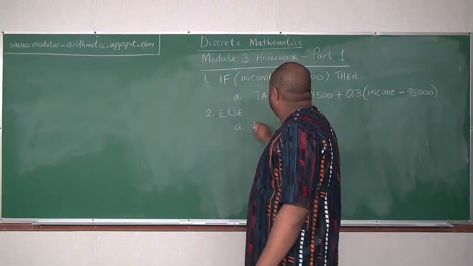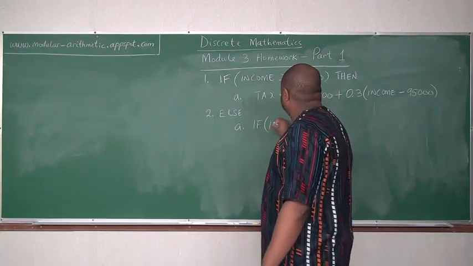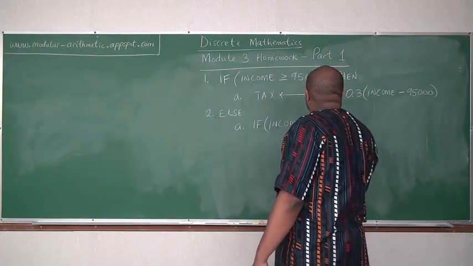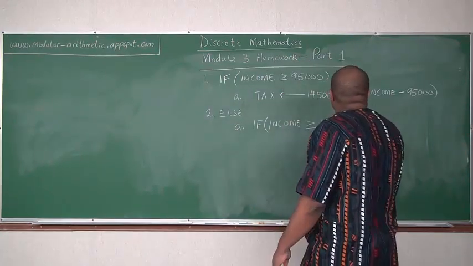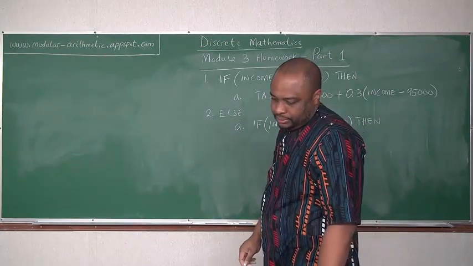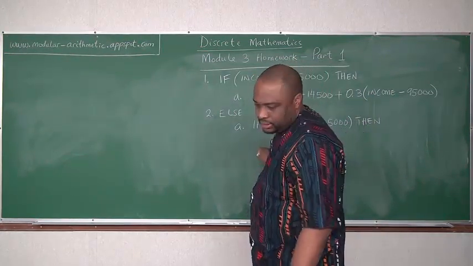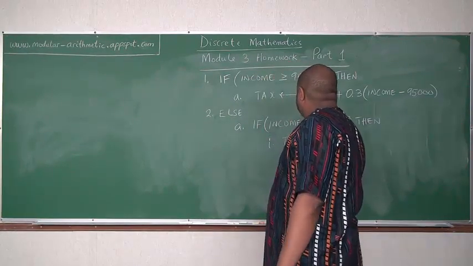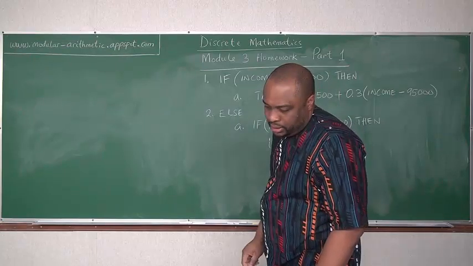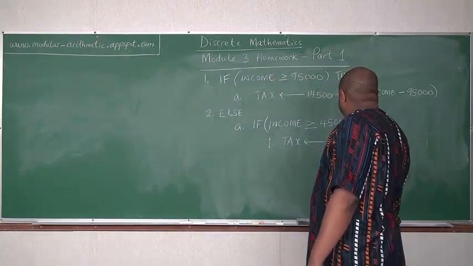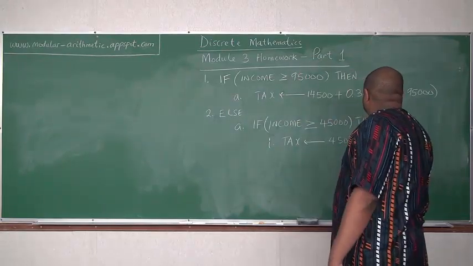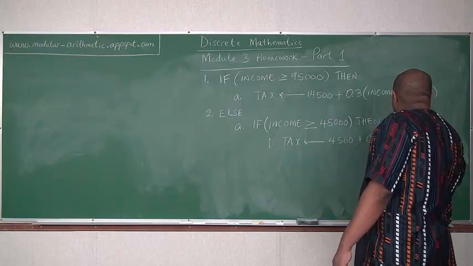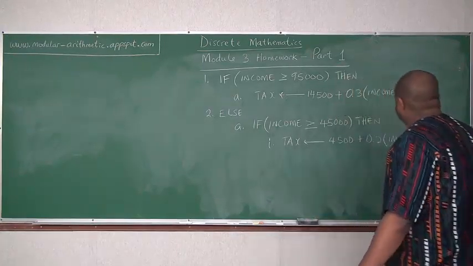If income is greater than or equal to 45,000, then set the tax to be 4,500 plus 0.2 times income minus 45,000.